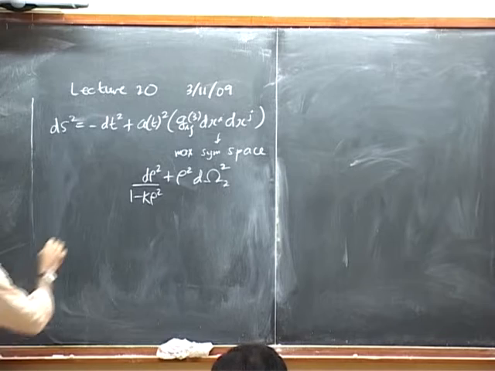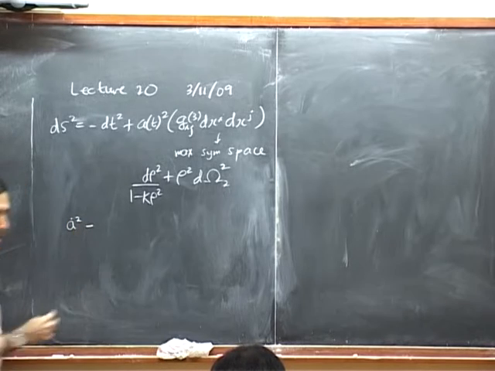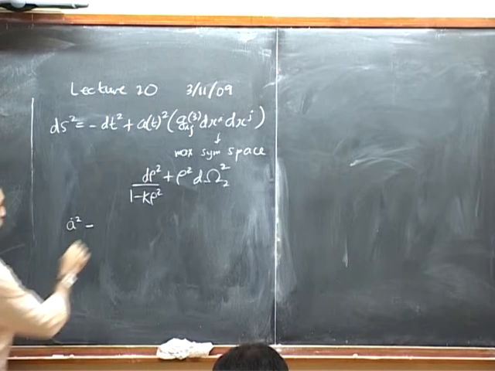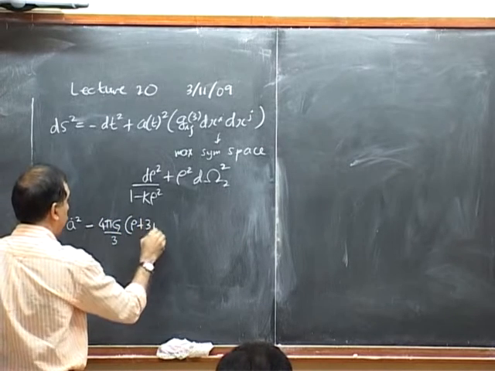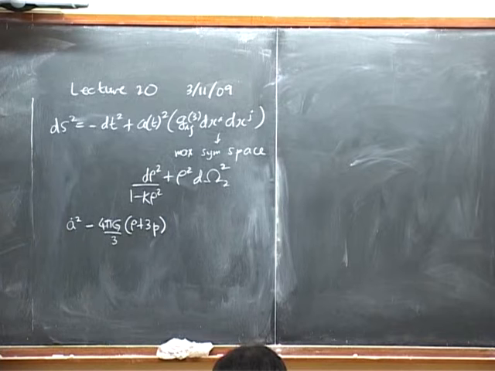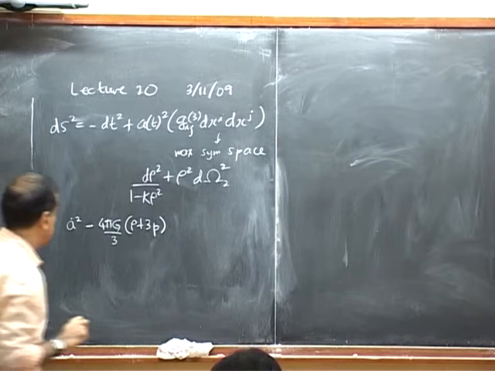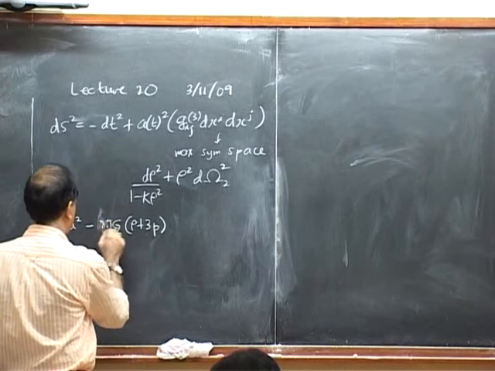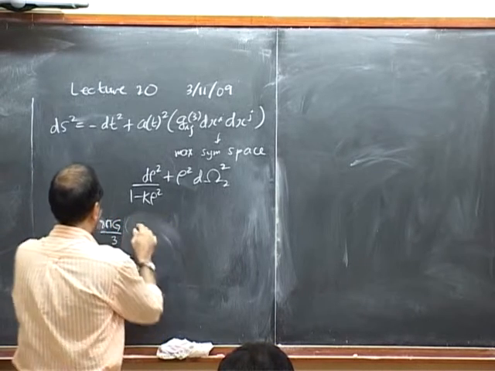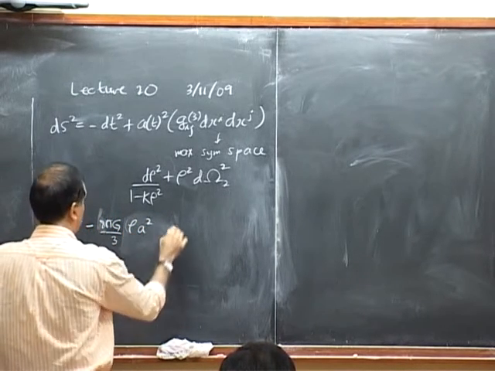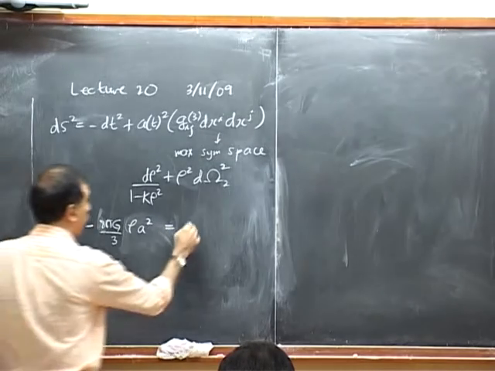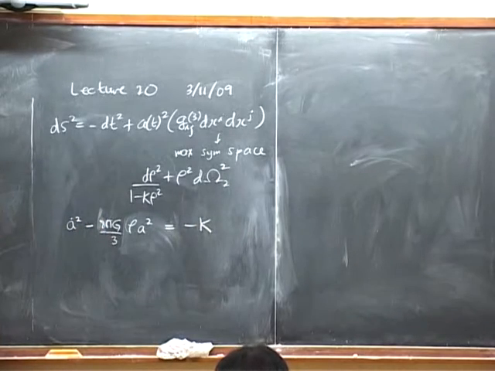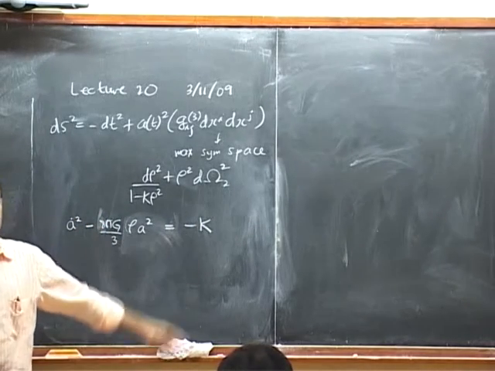Today I'm going to write it as a dot squared minus 4 pi G by 3 rho a squared equals minus k. Sorry, this equation doesn't have p. So this is one of the equations. It's first order and it involves k.